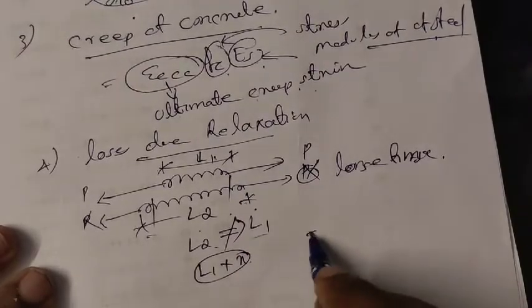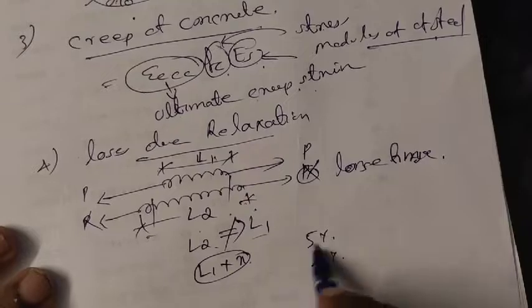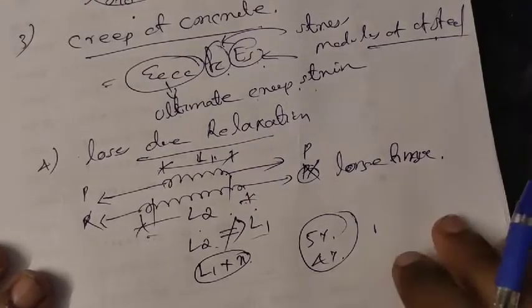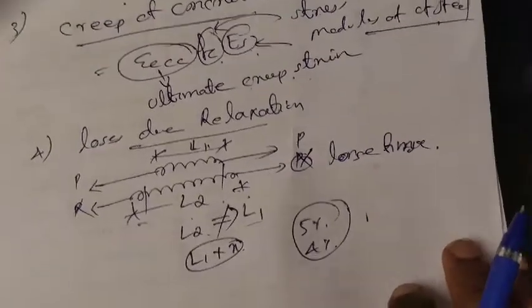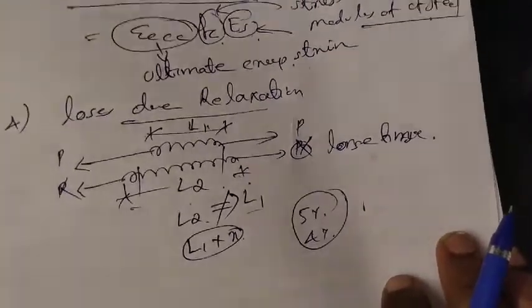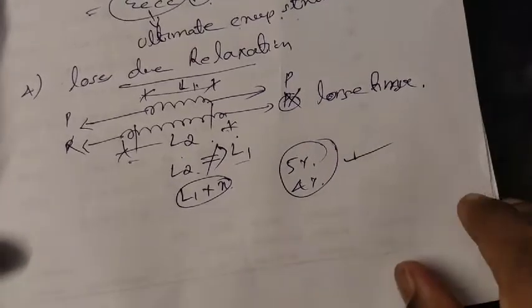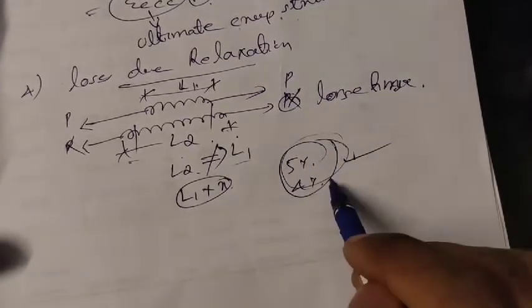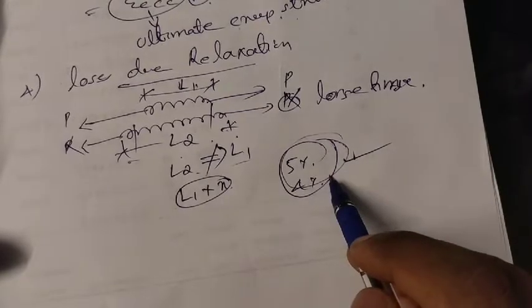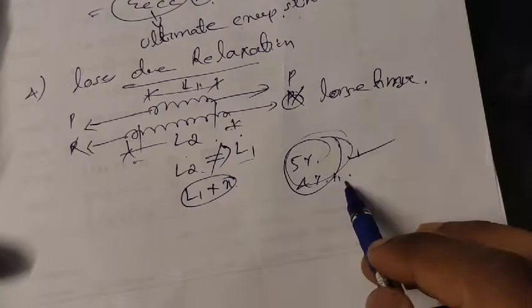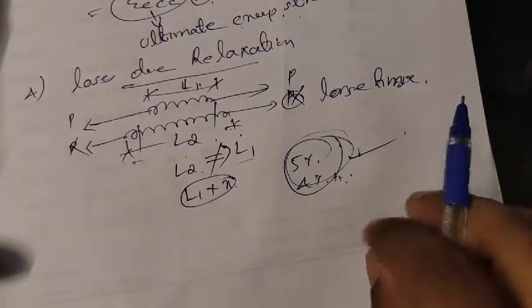It may be a percentage, 5% or 4%. It depends purely on the material property. According to which type of steel we are using, the relaxation percentage may change, so it will be given in your question paper. Otherwise you can't calculate it, because it is only determined by experimental work.